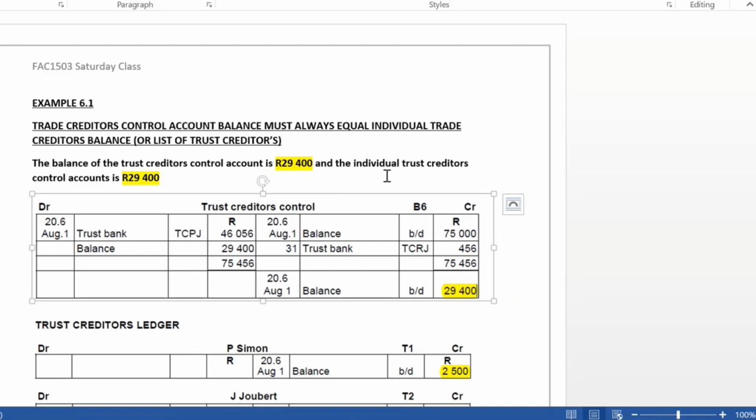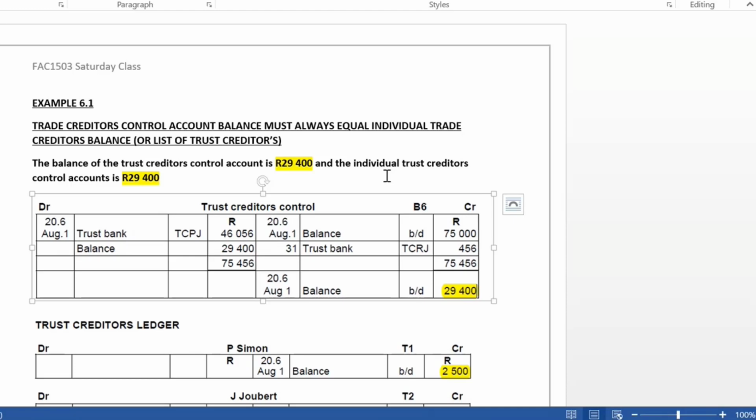So when money is received by an attorney's practice and work is not yet performed, the attorney will debit trust bank with 29,400 and credit trust creditor with 29,400. Why is trust creditor being credited with 29,400? A trust creditor is money that the attorney owes their client.